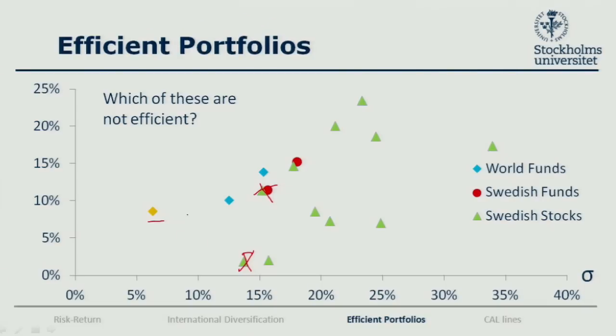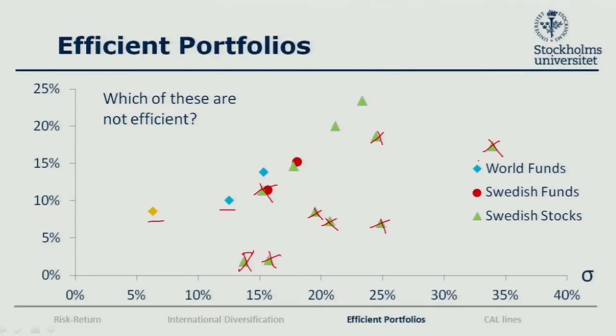So these two over here trump that one. Same goes for that one, these two, that one, that one. If we go up a little bit, we can say that this one should also go because it has higher risk and less return than the two stocks that give the highest return. And then we have one at the very end here, which is also very bad because it's very risky and the return is not good enough.